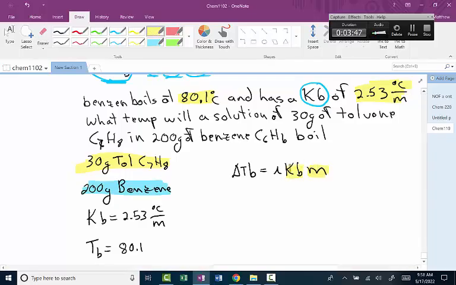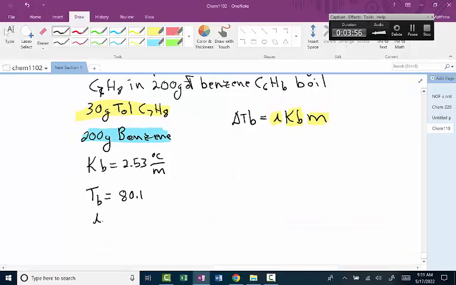I have Kb. I know i is equal to 1. I'll write that down in my list of things. i equals 1 because it's a molecule. And I know it's a molecule because it's not a salt. Remember, salts are metals and nonmetals. Those are the only salts you have to worry about in this. So all I really have to do is calculate the molality. Then I can calculate the change in boiling temperature. So let's get the molality first.